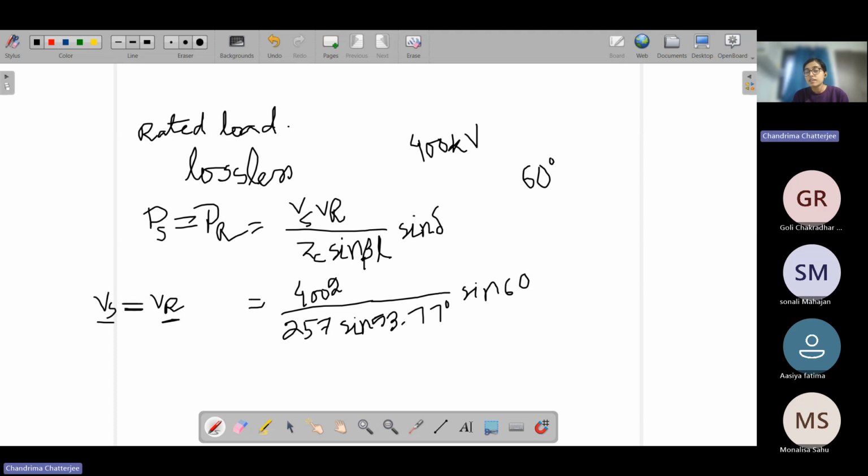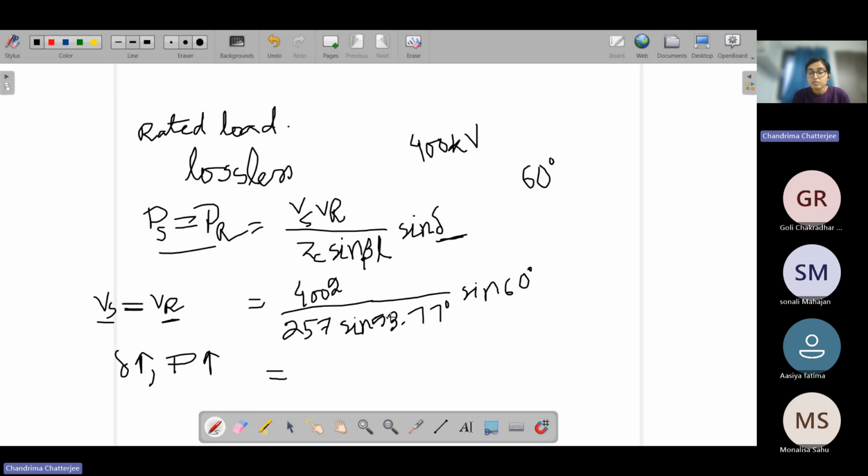If this power angle delta changes, then the active power will also change. The maximum power transfer will happen when delta is 90 degree, because then sine delta will be unity. So as delta increases, P also increases.